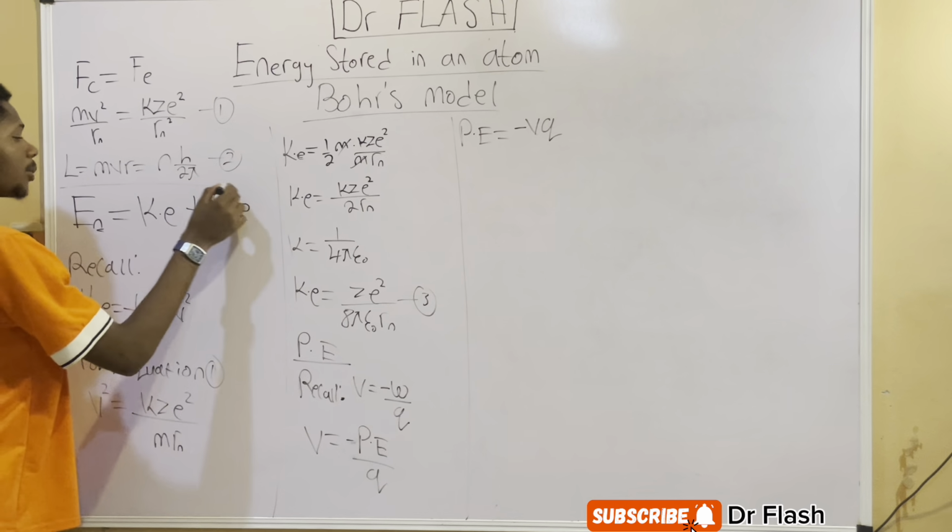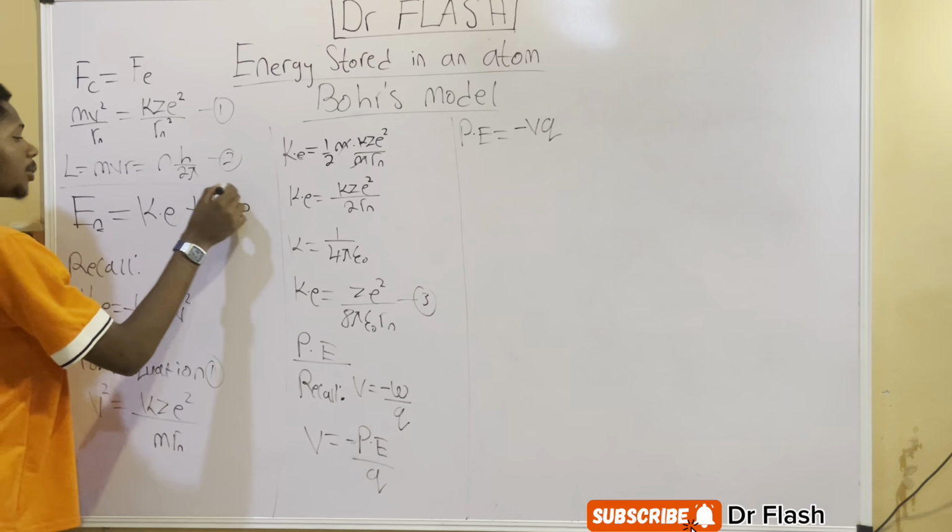Now you notice that V is also equal to E times Rn. Electric potential is equal to E times Rn. And electric field intensity, on the other hand, is force over charge.